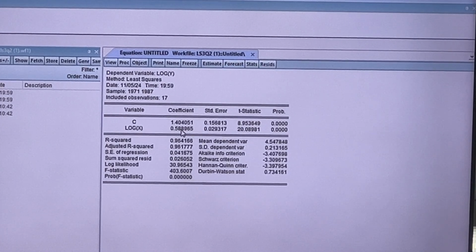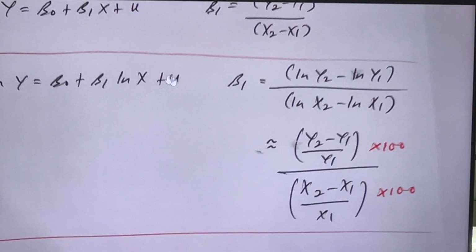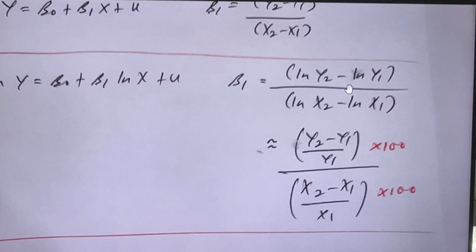So how to interpret? Remember, this one can be interpreted as percent or elasticities. So you go back to this example. For double log model, we have this model. So the slope beta 1 here represent what we call the absolute change in log of y per 1 unit absolute change in x.